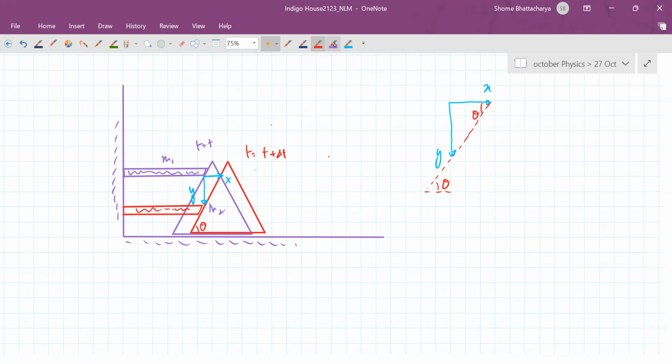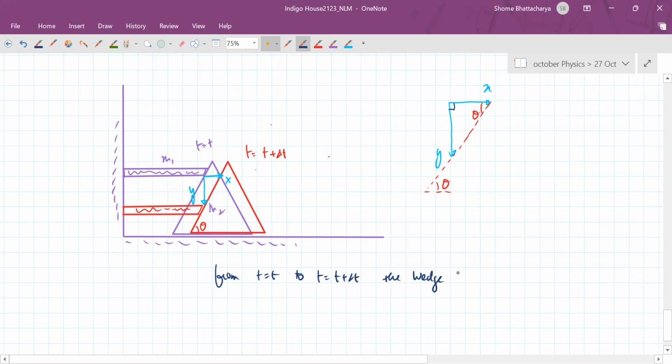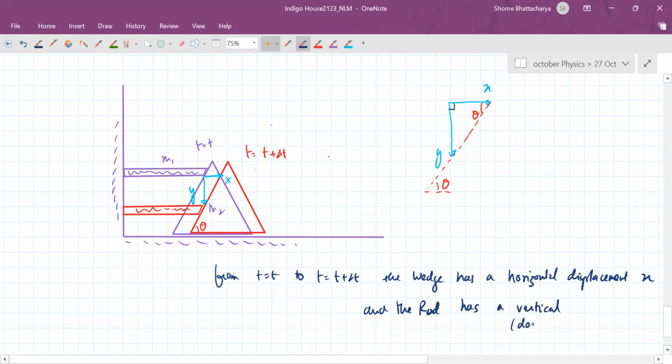So from t to t plus delta t, the wedge has a horizontal displacement x and the rod has a vertical displacement. It's vertically downwards.